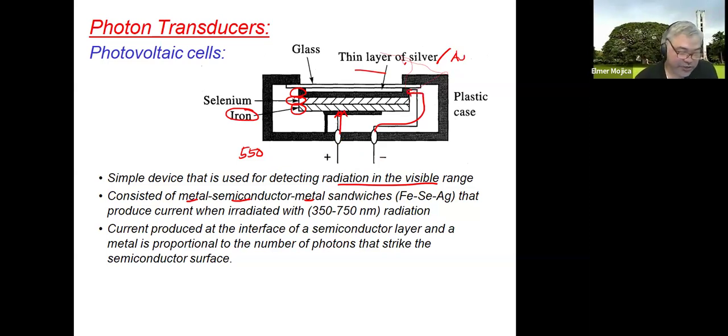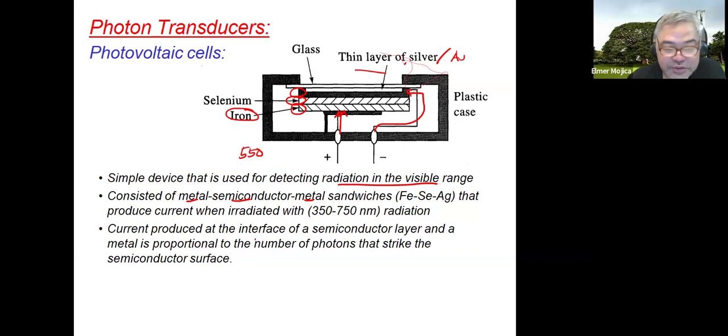Okay, so the entire array is protected by a transparent envelope, and when radiation of sufficient energy reaches the semiconductor, electrons and holes are formed. The electrons that have been promoted to the conduction band migrate toward the metallic film, and the holes toward the base on which the semiconductor is deposited.